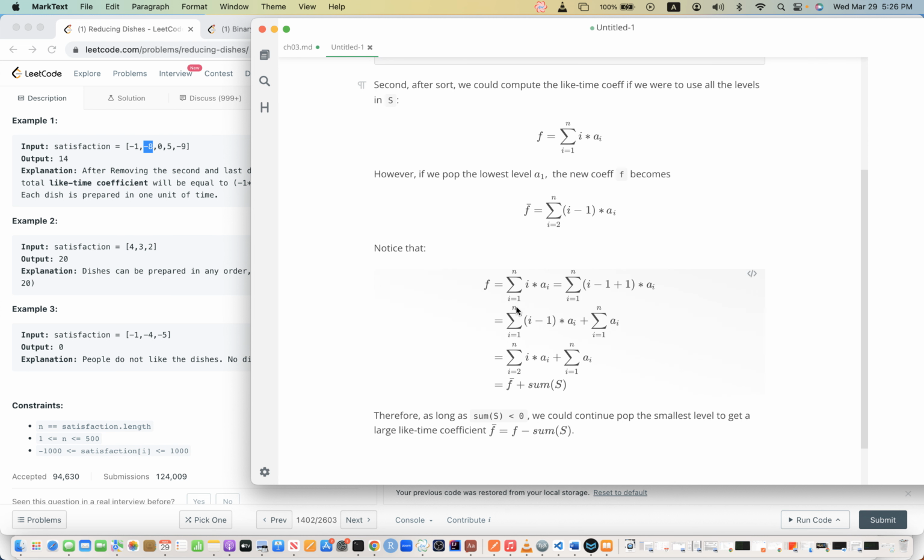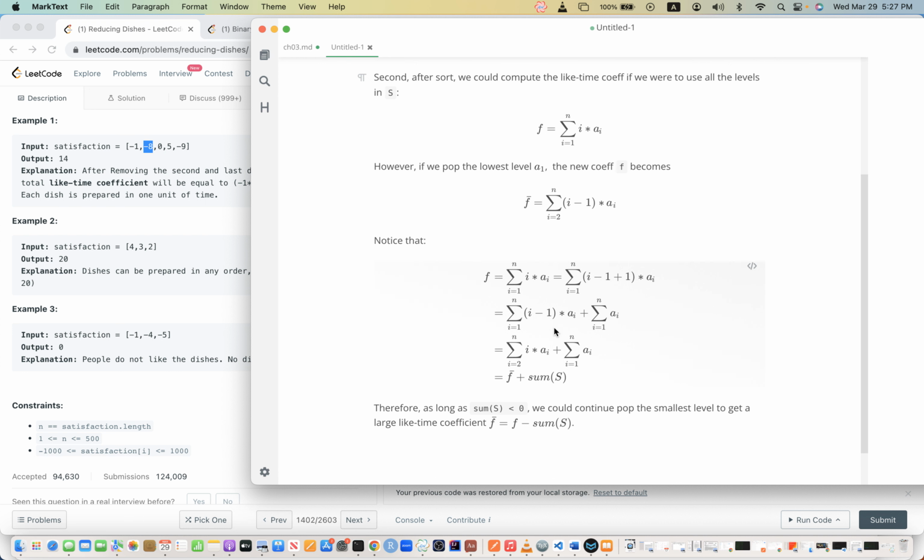Here we would like to compare F and F bar so that we can get the algorithm or strategy. This is the expression for F. If we split i to be (i-1) plus 1, nothing changes. Then we can split this into two terms. One is the summation from i equals 1 to n of (i-1) times Ai, and the other is the summation of 1 times Ai, that is the sum of the original S, before the pop.